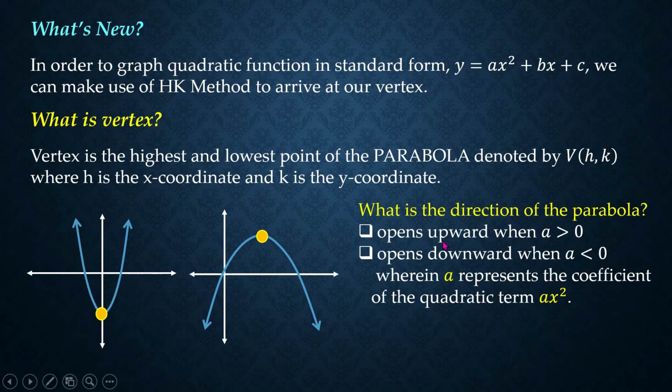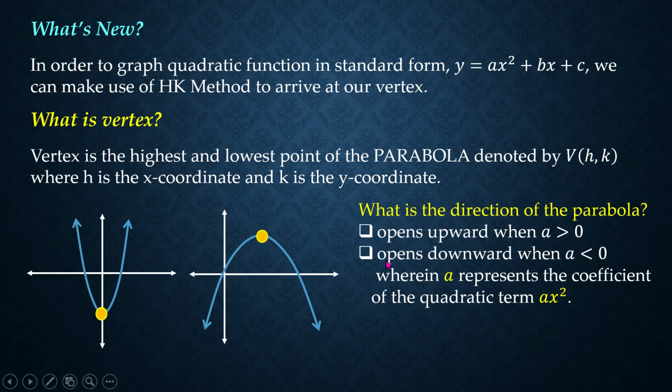So these are the two directions of the parabola. The parabola opens upward when the value of a is positive, a is greater than 0. That is, positive 1 and other positive numbers. In the first graph, the parabola is facing upward, so therefore a is positive.